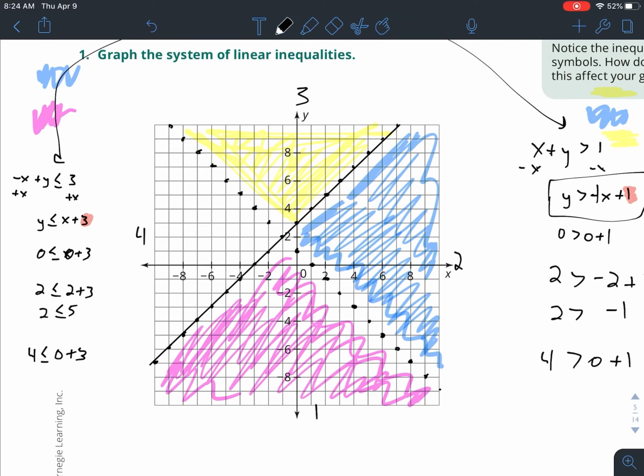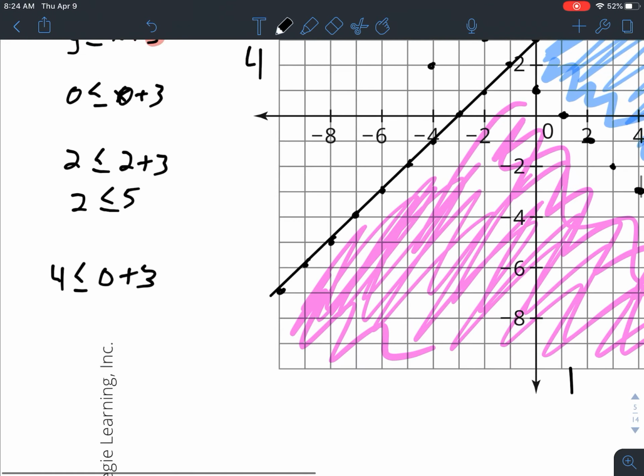So let's test one last one in zone 4. Let's go with x is negative 4 and y is 2. So let's try here. X is negative 4. Negative 4 plus 3 is greater than or equal to y, and I said y is 2. So this gives us negative 1 is greater than or equal to 2.